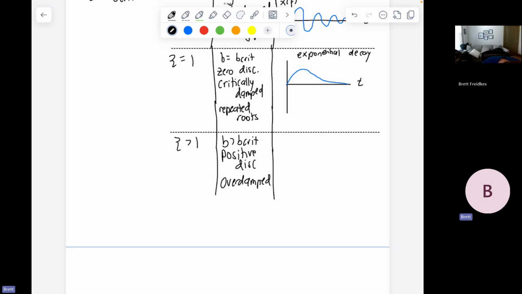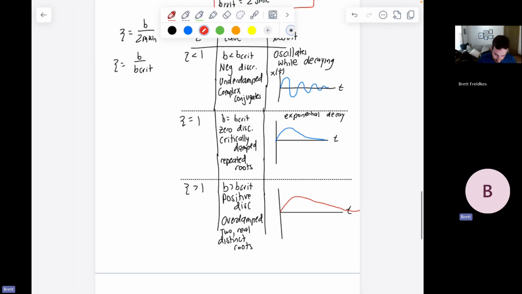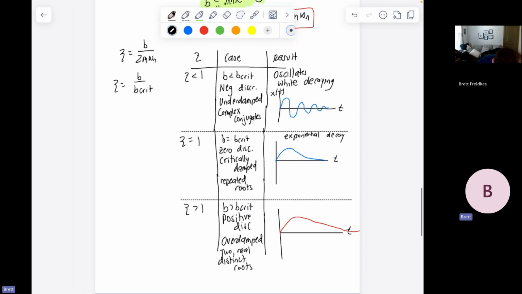And these are going to be 2 real distinct roots. And it'll look very similar to the critically damped case, except now it'll take a little bit longer to decay. Something like that. And that's our introduction to damping.